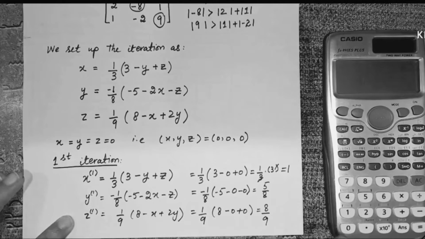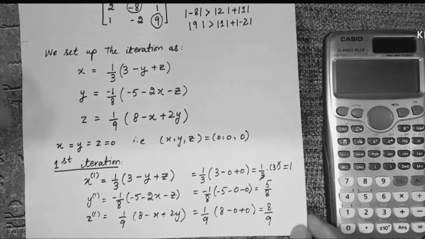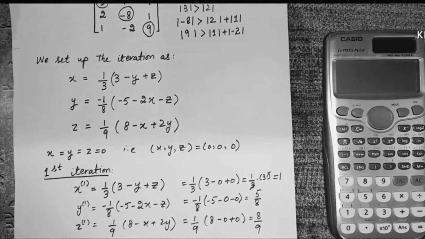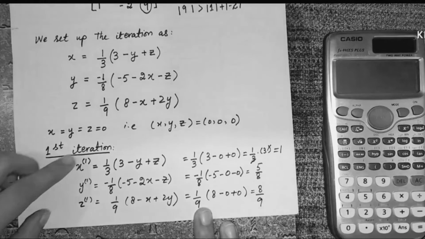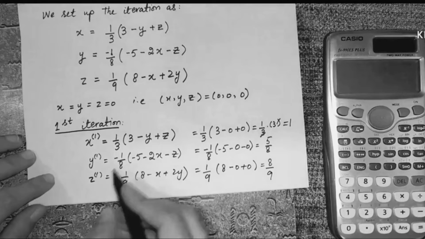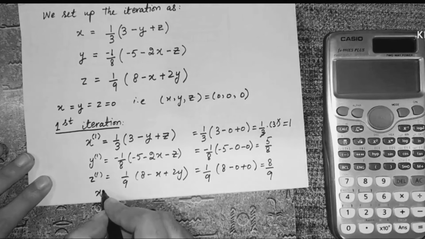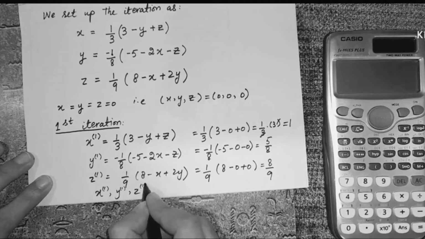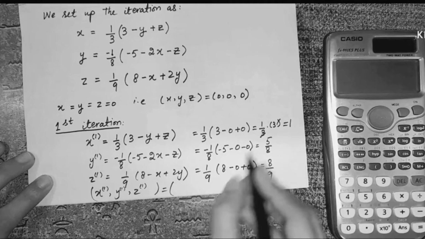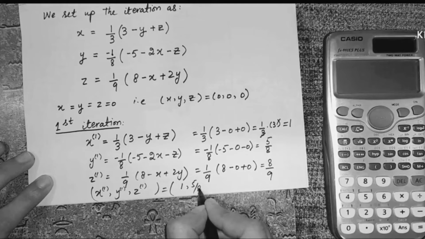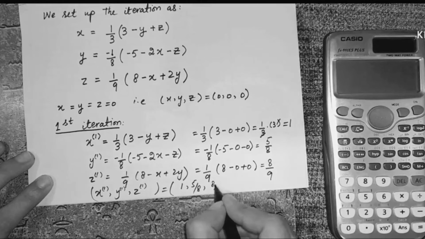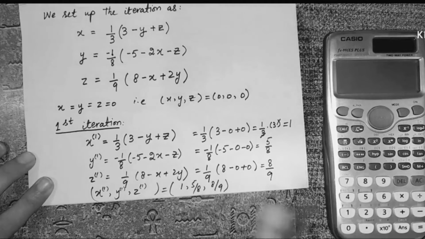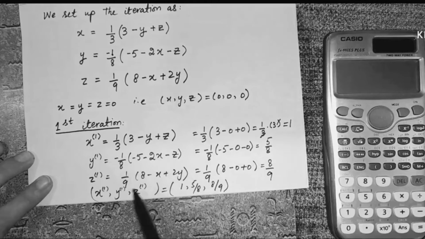This is how we usually solve this, but in this video I'll show you how to solve it using a calculator. So x1, y1, z1, the values are 1, 5 over 8, you can write it in decimal as you wish, and 8 over 9. We'll put these values in the next iteration, I mean in the second iteration.